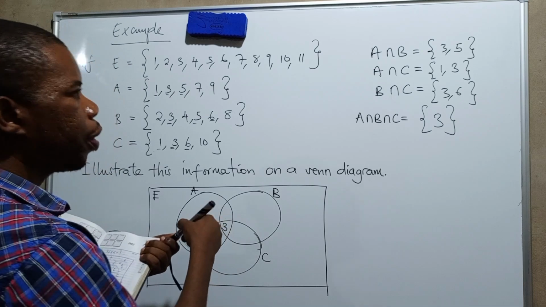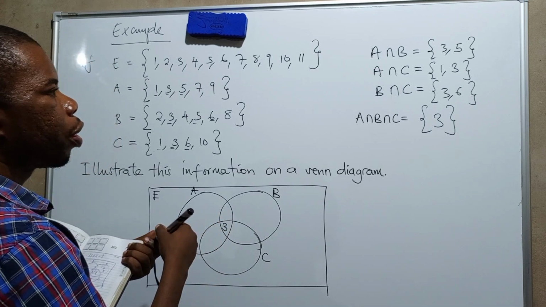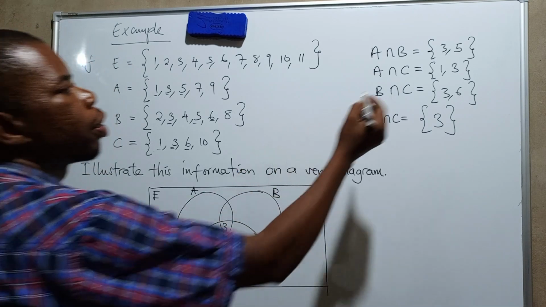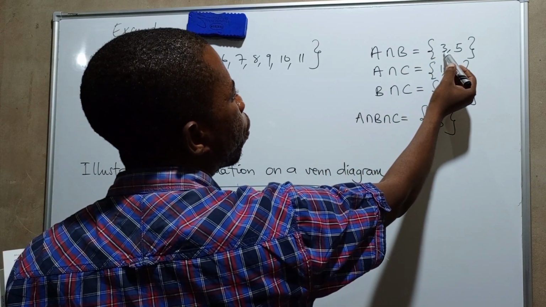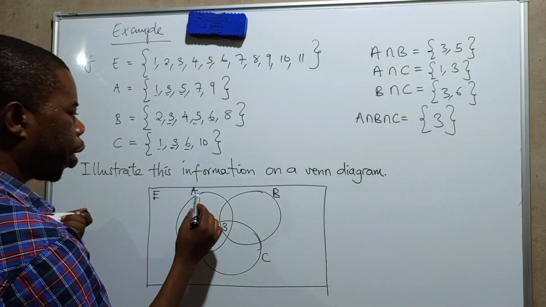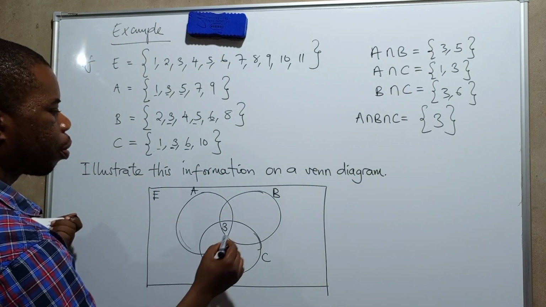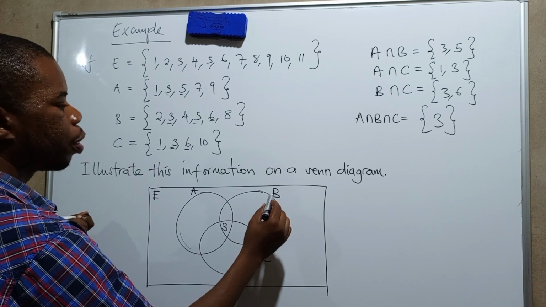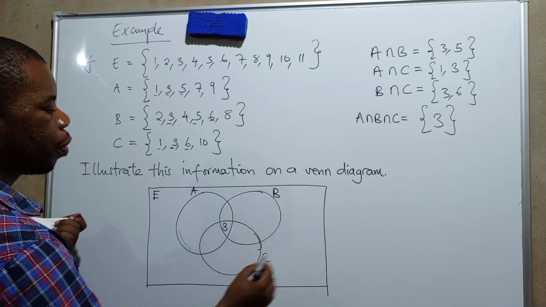Then the next thing we are going to do is allocate 3 and 5 between A intersection B. So A is passing like this, then B is passing like this.